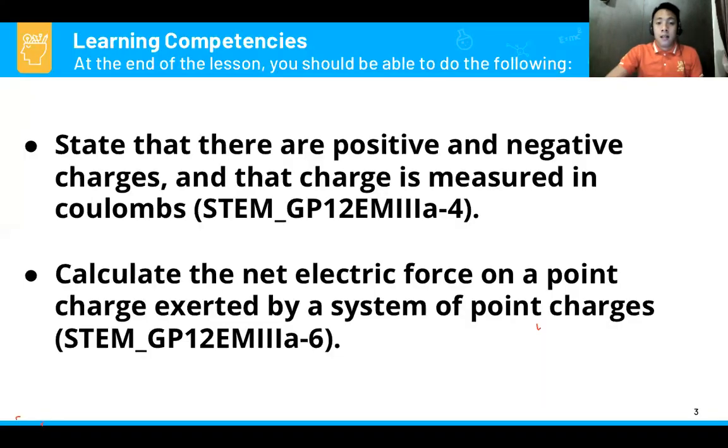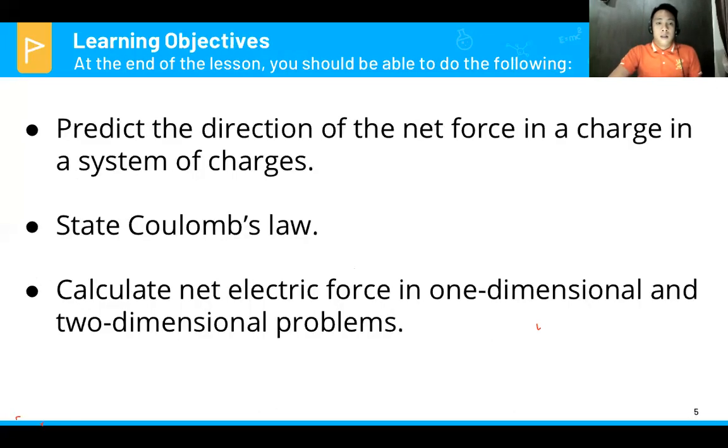Okay, so these are our objectives. Predict the direction of the net force on a charge in a system of charges. State Coulomb's law and calculate net electric force in one-dimensional and two-dimensional problems. Okay, but here we will just concentrate on one-dimensional.